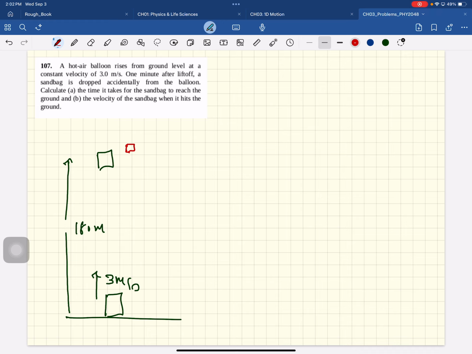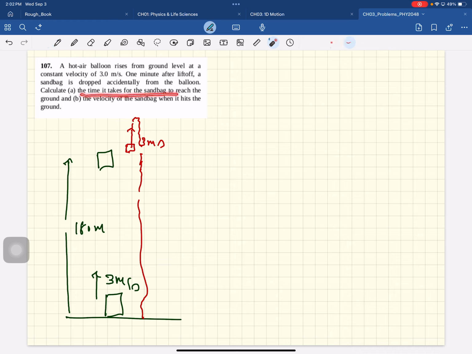You stick your hand out and drop an orange. What is the orange going to do? It falls down, but it still has its momentum. It's going at 80 miles an hour. Just like that, when you drop the sandbag, it's going at 3 meters per second up. So it'll go up, its velocity will get to 0, and then come down.